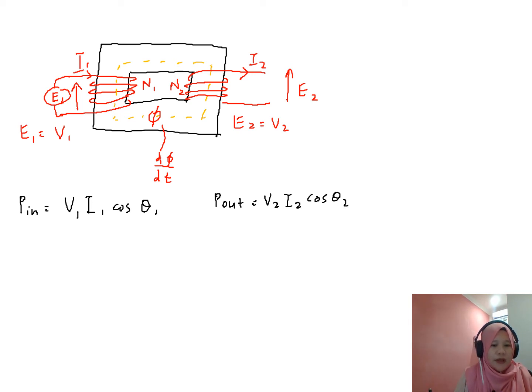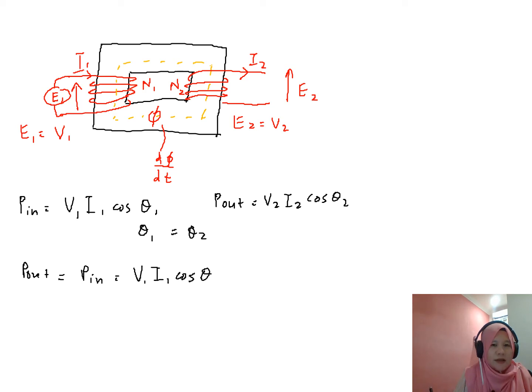But we know that in an ideal transformer, the power factor at the primary is equal to the power factor at the secondary, and so theta 1 is equal to theta 2, and therefore we get P out is equal to P in, which is equal to V1 multiplied with I1 multiplied with cos theta.